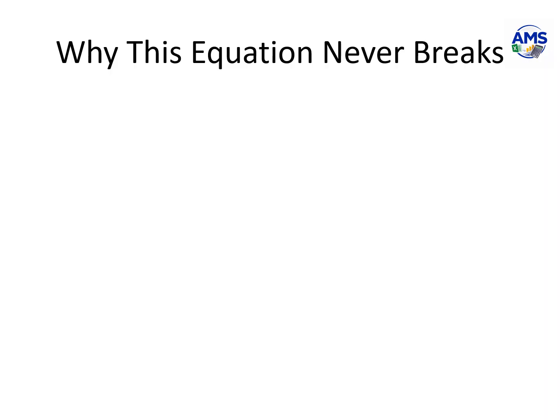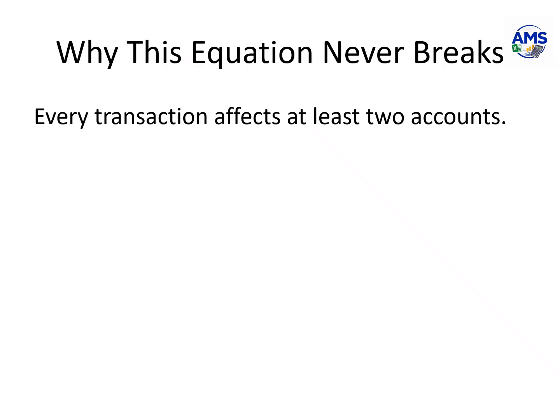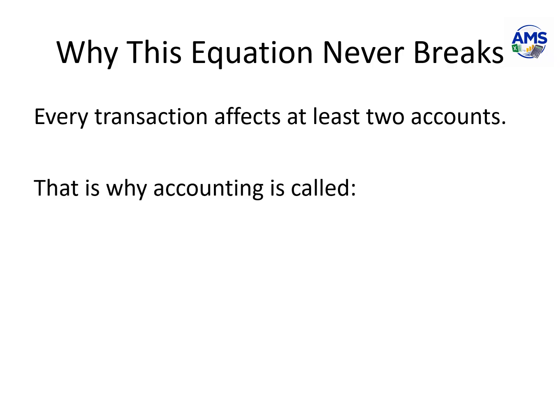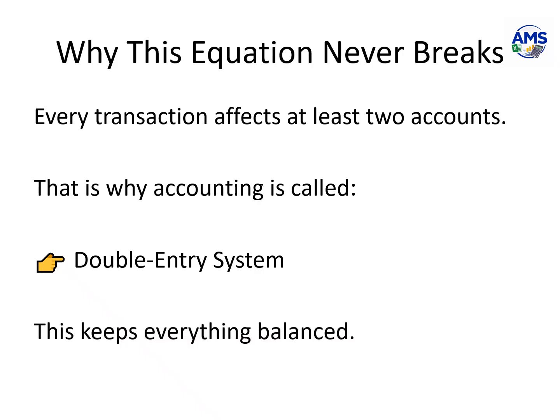Let's look at why this equation never breaks. Remember that every transaction affects at least two accounts. One account is debited, the other account is credited. That is why accounting is called the double entry system. This keeps everything balanced.